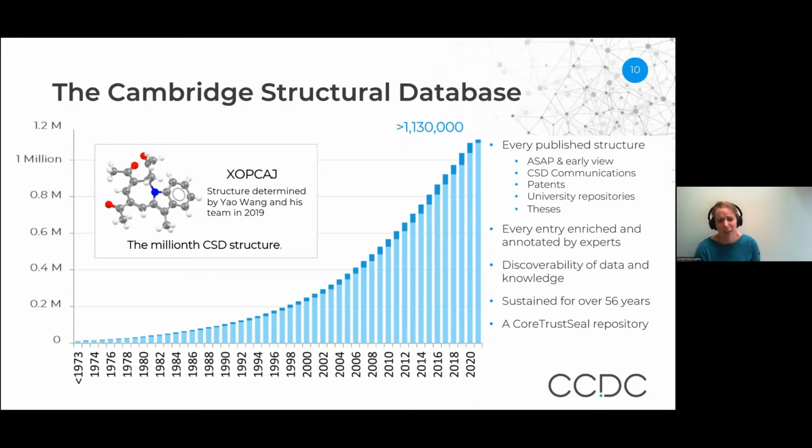We have our own set of CSD Communications for places where people want to publish a structure, but not an entire paper around it. We also go through patents, university repositories, and theses. We have a team of experts who go through all of these, enrich them, verify them, and check them. This has been going on for 56 years now, so it is a huge repository of information.